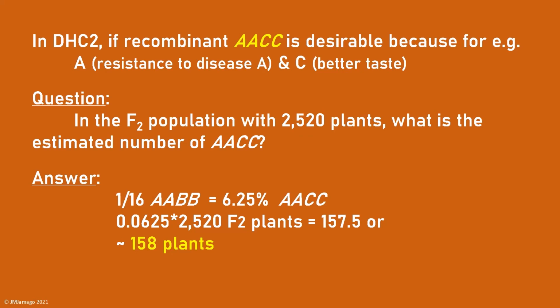So, mag-expecta nga around 158 plants dapat sila ang homozygous dominant A ug homozygous dominant C. Pero, i-emphasize nato nga, dili pa na nato sila ma-separate gikan sa mga heterozygotes dominant A o heterozygotes dominant C. Kay mix pa man na sila sa F2 population.